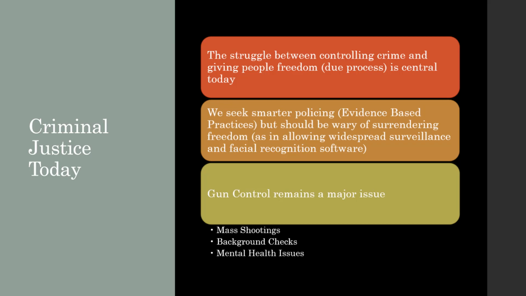Now, this is an interesting one, and I don't need to use these labels, but I think it makes it easier for us. You might say, in this case, a conservative will say, well, my freedom to own the gun is more important. The Second Amendment rights are more important than the damage that is potentially being done. And a liberal might say, well, no, the damage is more important.